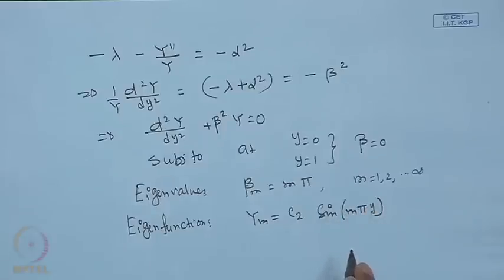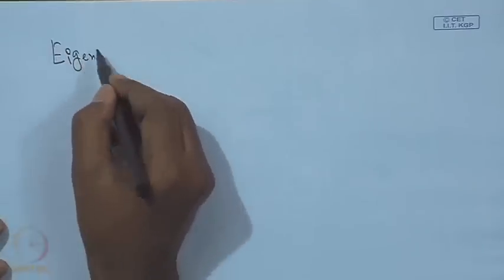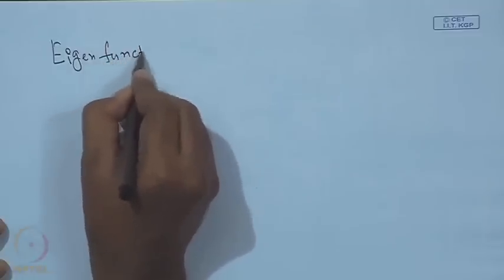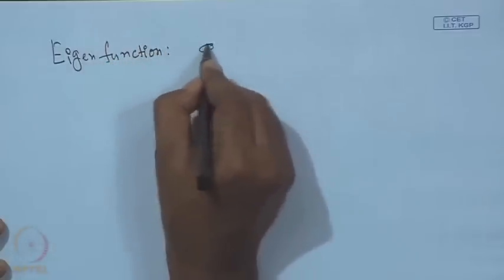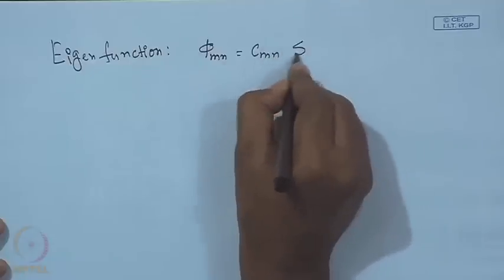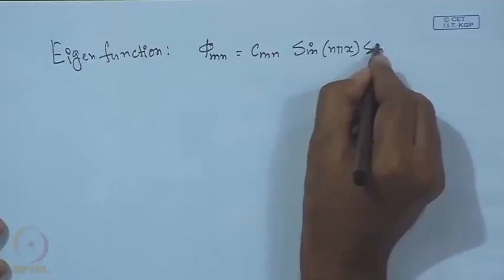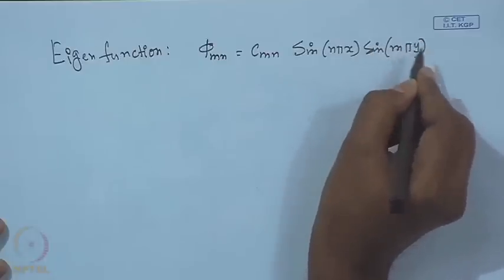We have put a different subscript m because this is an independent eigenvalue problem. So, we will be in a position to get the eigenfunction phi as a function of n and m. So, we write down the eigenfunction phi m n, which is nothing but a constant C m n sin n pi x sin m pi y.